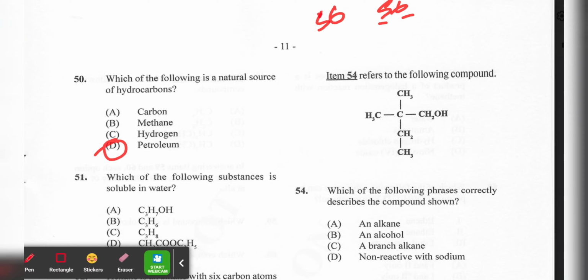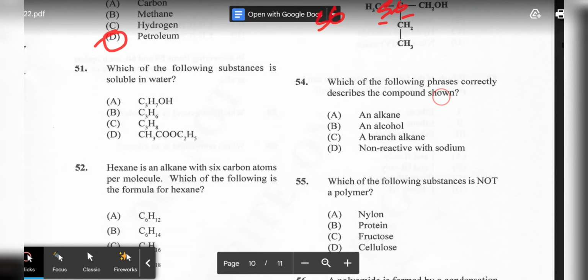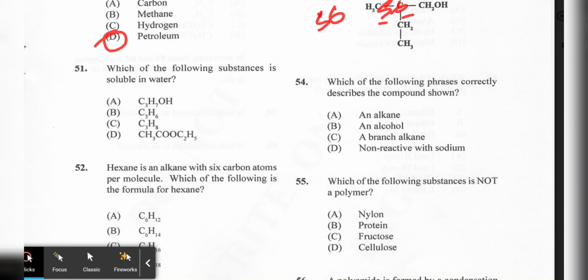51. Which of the following substances is soluble in water? So now you're looking at an organic species and you're thinking, which of these is soluble in water? Well, you have to look for something which will interact with water, like dissolves like. And so we're looking for something which may have a positive end and a negative end. So something slightly polar.